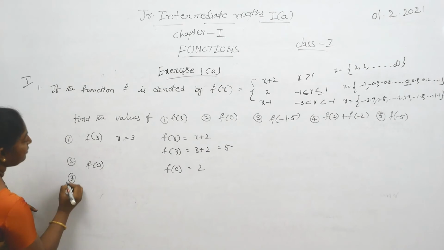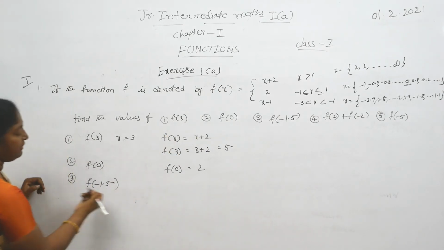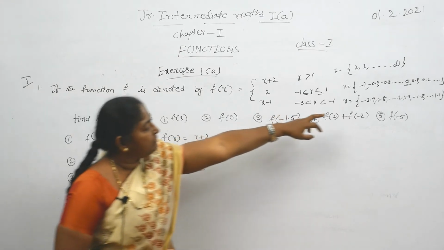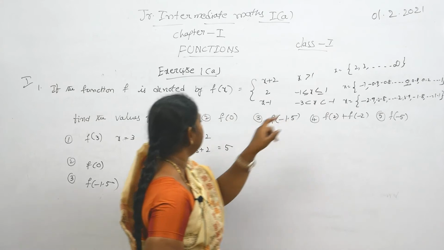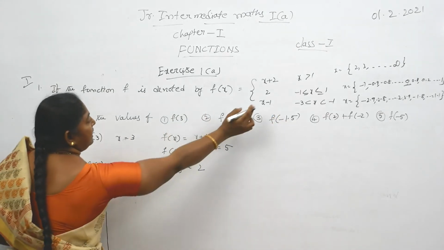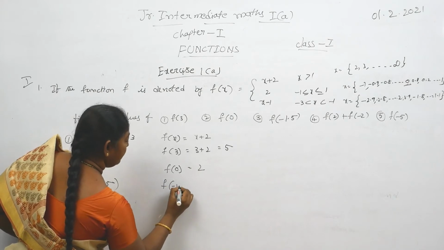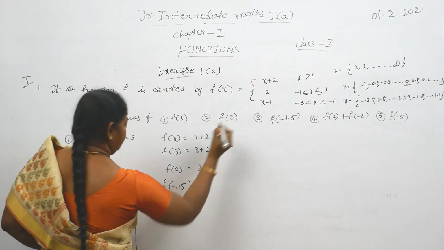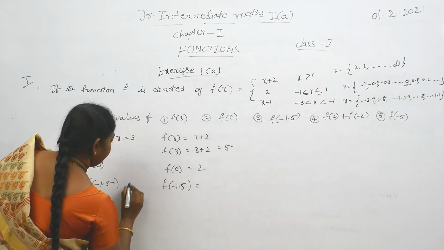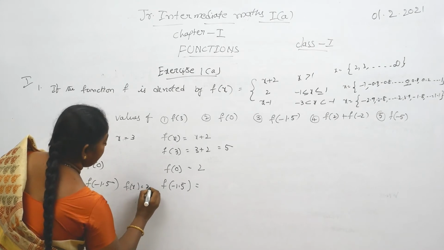Next, third problem, f of minus 1.5. F of minus 1.5 means that is in this condition. We have to take this equation, so this algebraic expression we have to take. f of x equal to x minus 1.